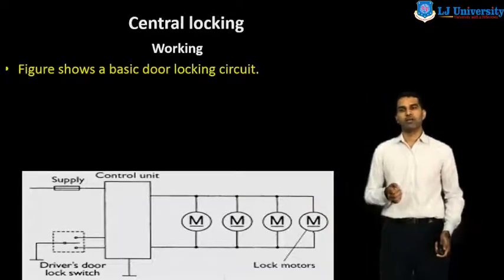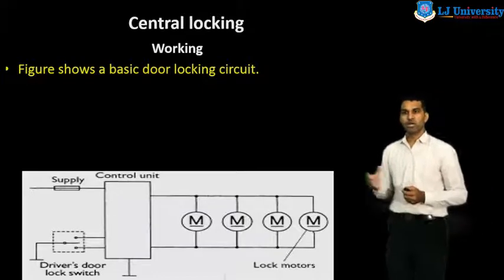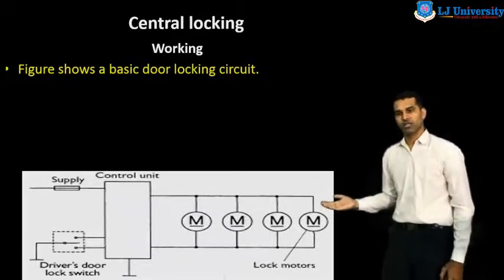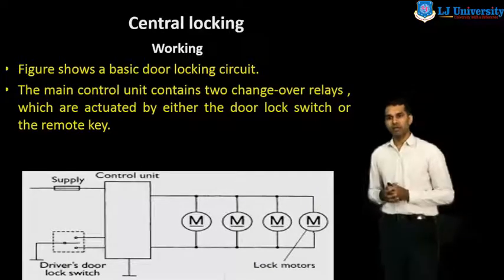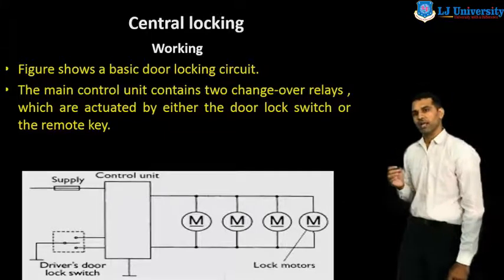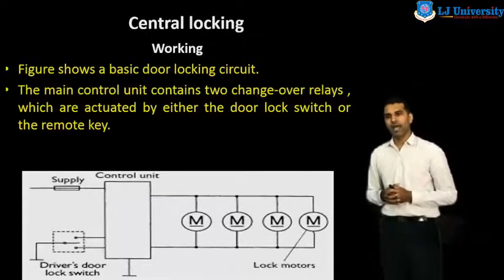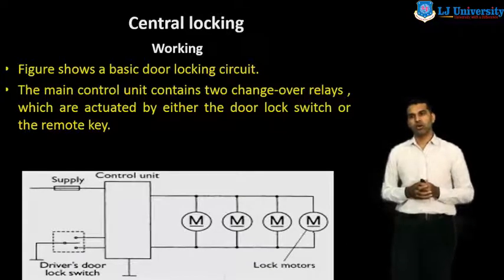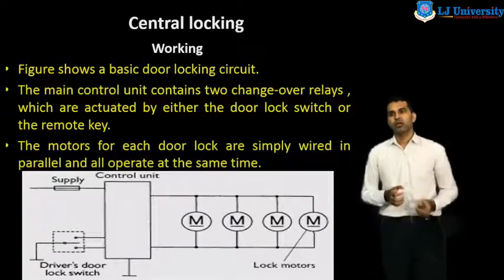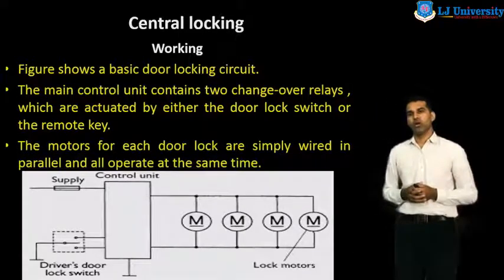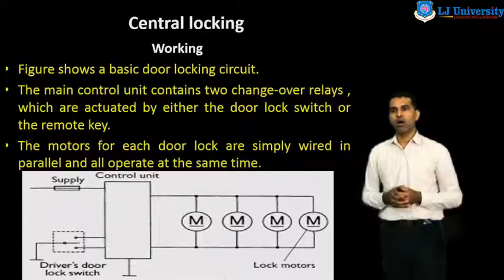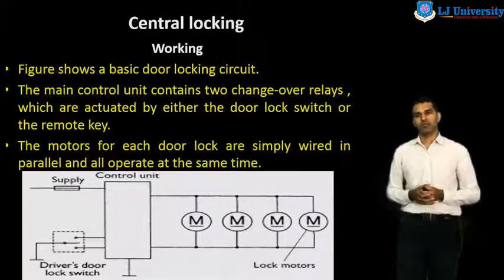Now we understand the working of this system. The figure shows a basic block diagram of this locking system. The main control unit consists of two changeover relays which are activated by either the door lock switch or the remote key. The motors for each door lock are simply wired in parallel and all operate at the same time.